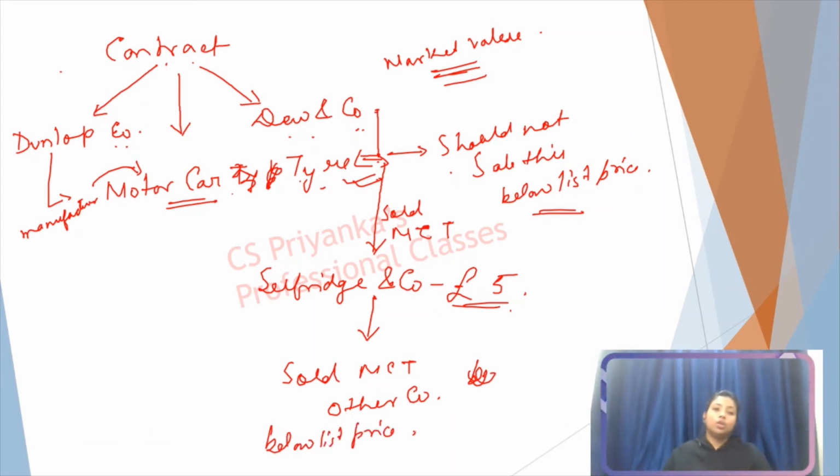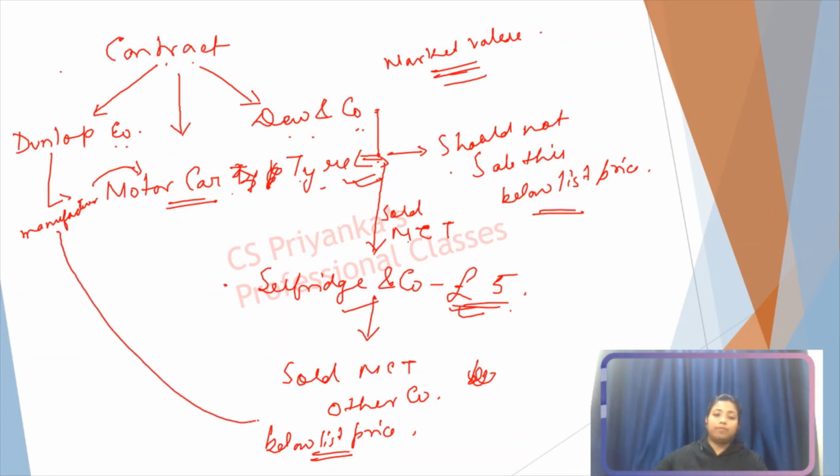Got it? So actually the contract is between Dunlop and Dew, but Dew has not contravened the contract. Dew has sold the motor car tire to Selfridge and Company for £5, which is actually not below the list price. But Selfridge Company sold it to another company below list price. And in that case, what happened?